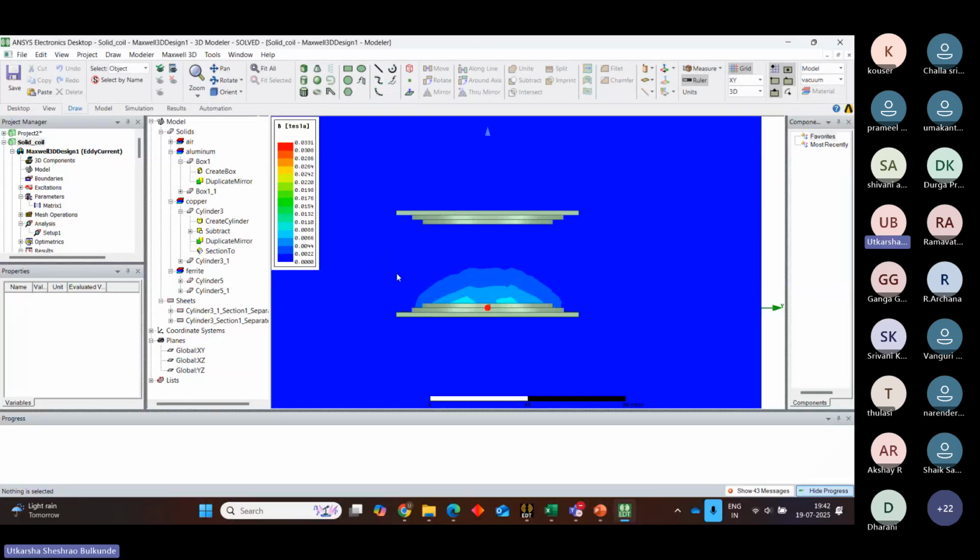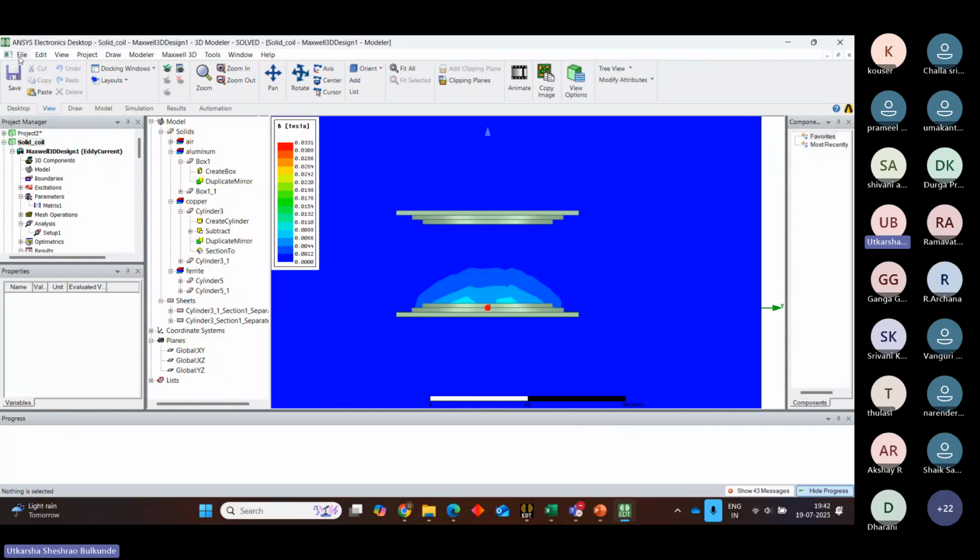So we have drawn 2D transformer, 3D transformer, then 2D inductor, then solid coil, spiral coil, and we have analyzed both, right? So our objectives are completed here. Maybe tomorrow I'll tell you some more advanced things in Ansys.